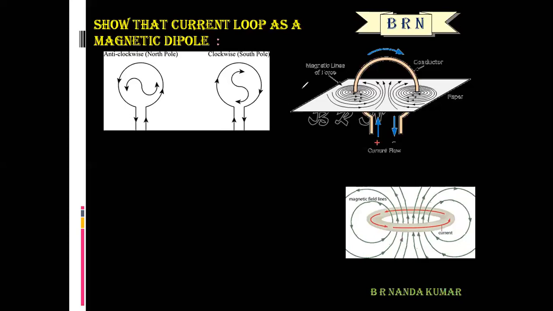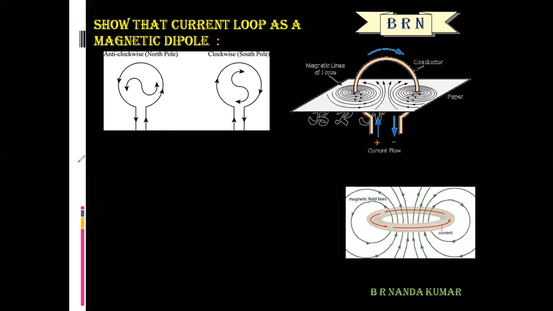One face of the loop behaves like a south pole and the other face behaves like a north pole. So the current loop has two poles separated by a very small distance. Hence, the current loop behaves like a magnetic dipole.